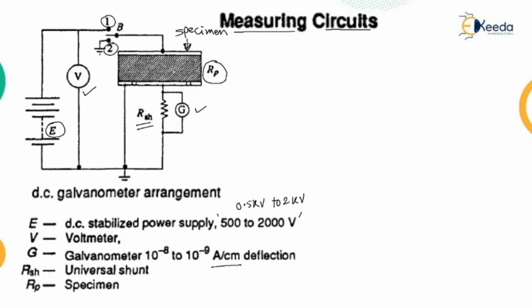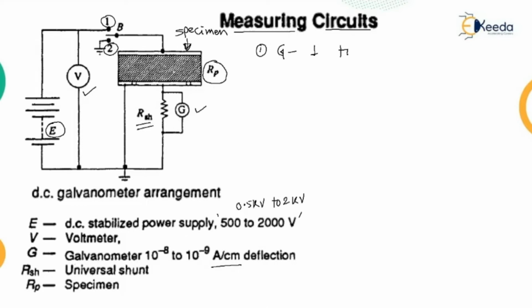So now let us understand this circuit. A simple measuring circuit for the measurement of resistance is shown in the figure. The galvanometer is first calibrated by using a standard resistance of 1 to 10 megaohms. So your first step is to calibrate the galvanometer.